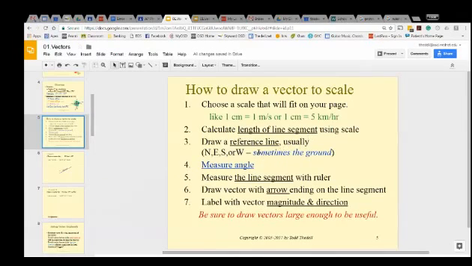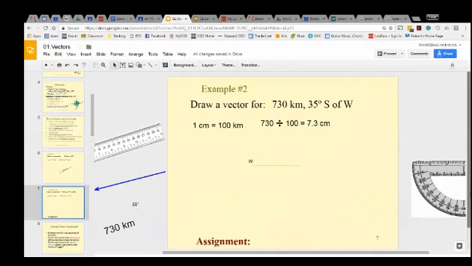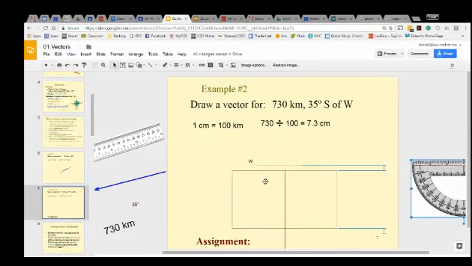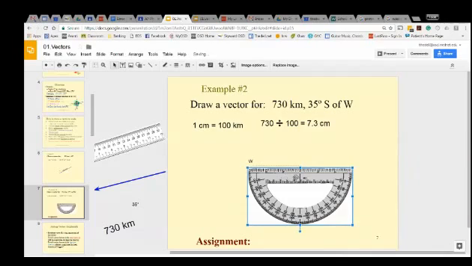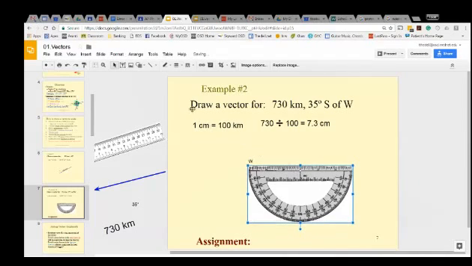That's my reference line. I'm going to measure the angle. So I bring in my protractor, line it up properly, and put a little tick mark on 35 degrees. I'm now going on the inside scale, 10, 20, 35. It's about right there.